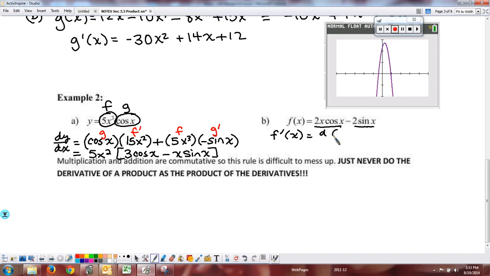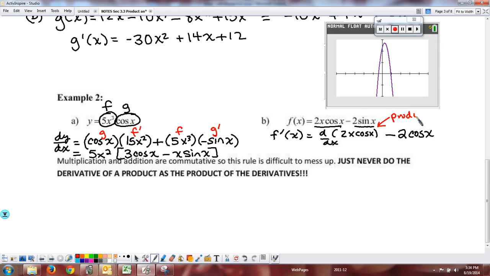So I'm just going to go ahead and say I'm going to take the derivative of 2x cosine of x with respect to x, and this is going to require a product rule, minus the derivative of 2 sine of x. The constant just comes along for the ride. Derivative of sine is cosine. So I went ahead and actually took the derivative of the second part. I left this for the next step because this is going to require the use of the product rule.